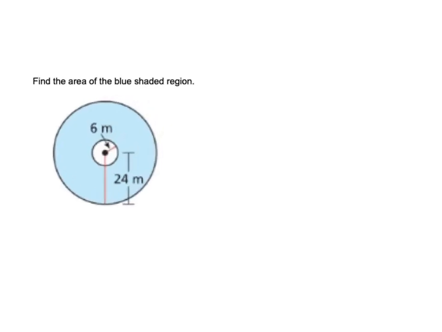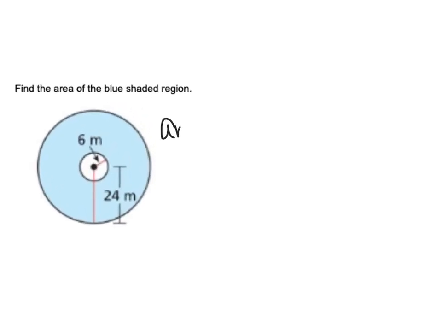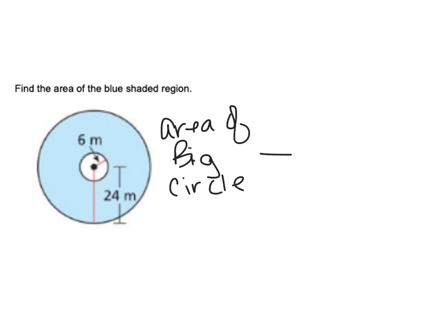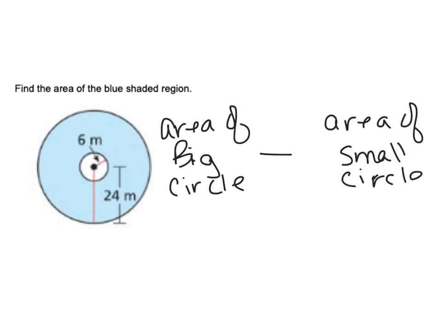So we're going to have the area of the big circle minus, because we're going to pull out, we're going to subtract and take out the area of the small circle. Sometimes it helps to think about it in words, what you're actually doing.